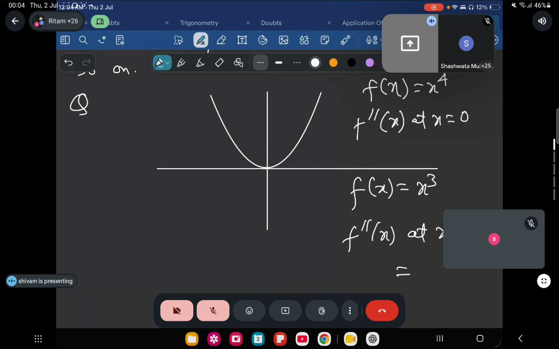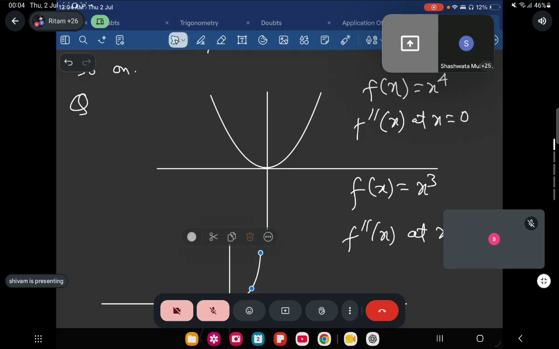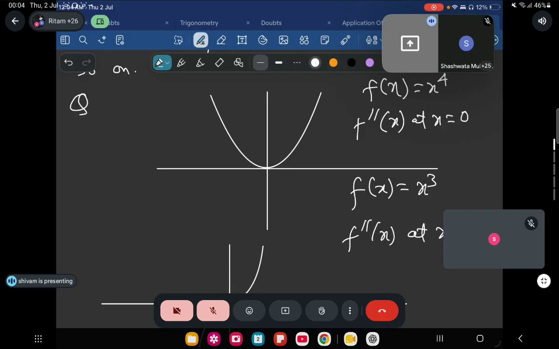And over here, tell me, f double dash x at x equal to 0, for f of x equal to x cube. What is the value? 0. But over here, are we getting a point of inflection? Yes, sir. What is the difference between these two curves? Why are we getting a point of inflection over here and not over here?